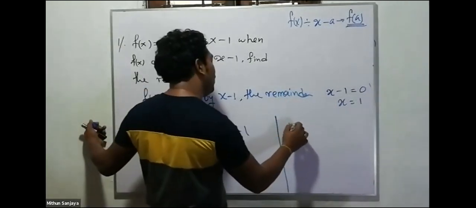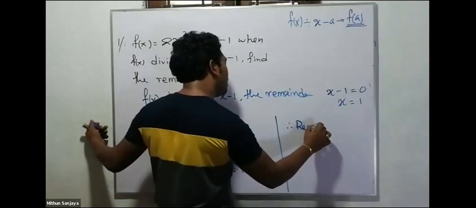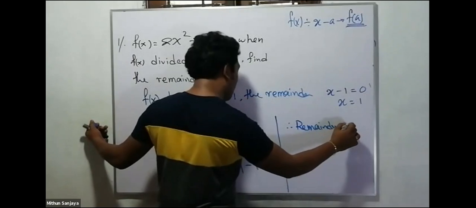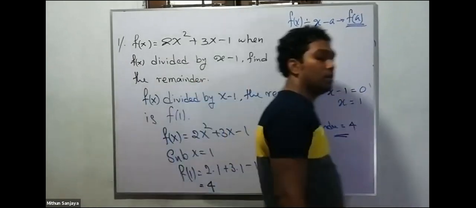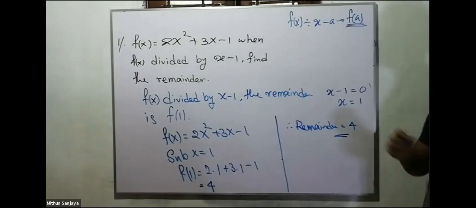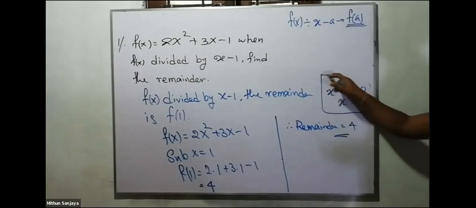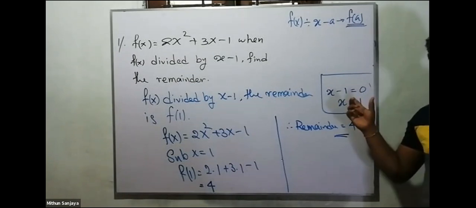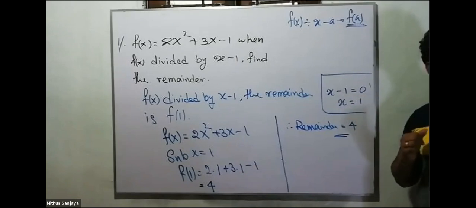Then I write, therefore the remainder equals 4. That is a rough working, it doesn't need to be written; you can do it in your mind.